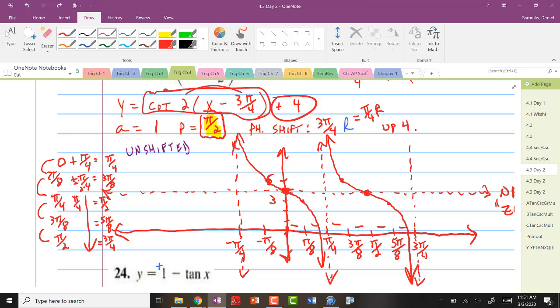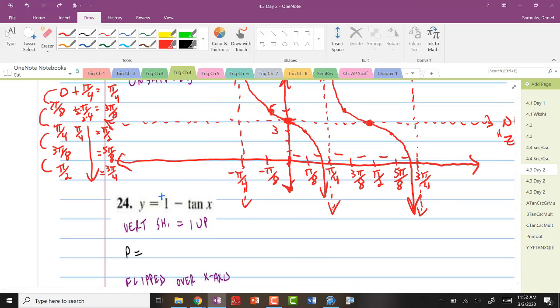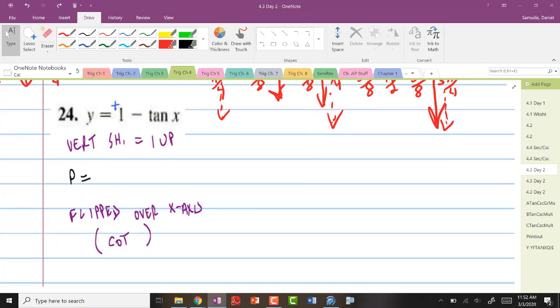I could turn a tan graph into a cotan just like that by putting a negative in front of tan and shifting it the right amount left or right to make it land where a cotan graph would go. That's why there's an infinite amount of equations that could match one graph through shifting and flipping, either tan or cotan. And hopefully we understand it as we continue.